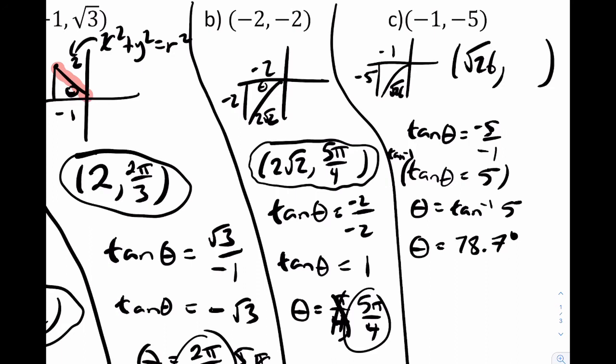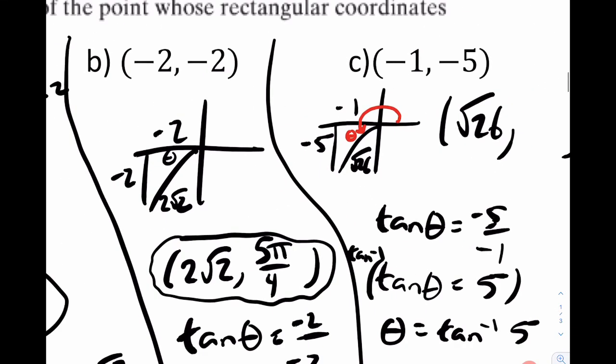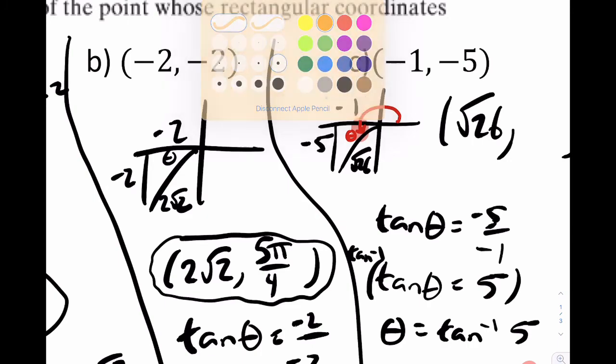It's going to give you 78.7 degrees. Now it's up to you to realize that is not the answer, because if you look at our picture here, our picture is in quadrant 3. The angle theta rotates all the way down. So the 78.7 you just found right here is actually just that little piece right here. Let me highlight that a little better.